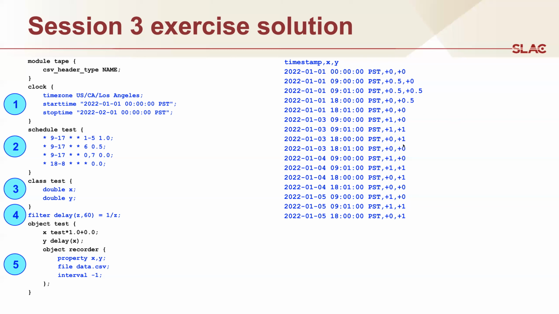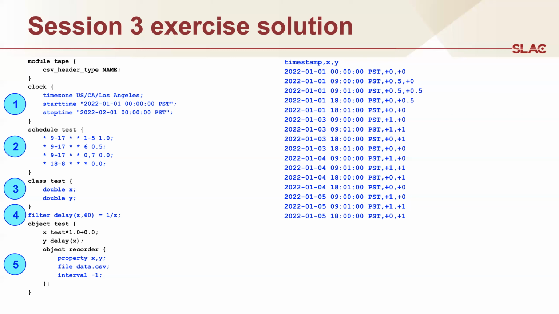And as we'll see in today's discussion, we can use this kind of test to verify the functionality of the time zone mechanism, of the schedule mechanism, of the class definition mechanism, of the filter definition mechanism, and of course the filter implementation and the recorder. All of these key elements found in this example could be used to test out various functionalities.